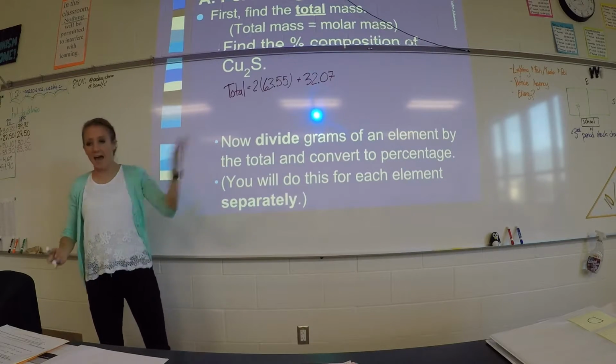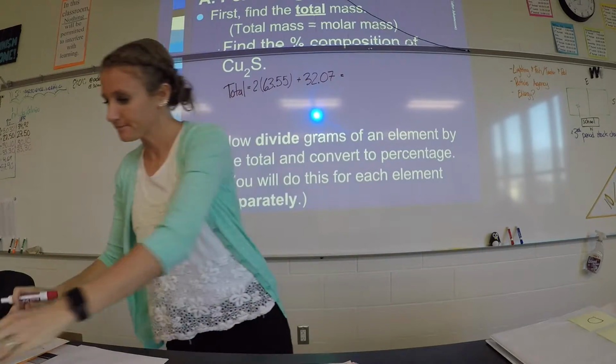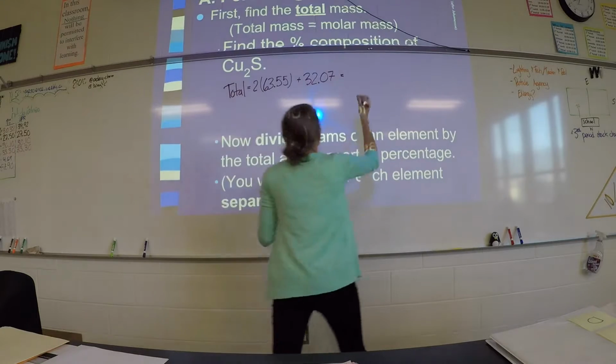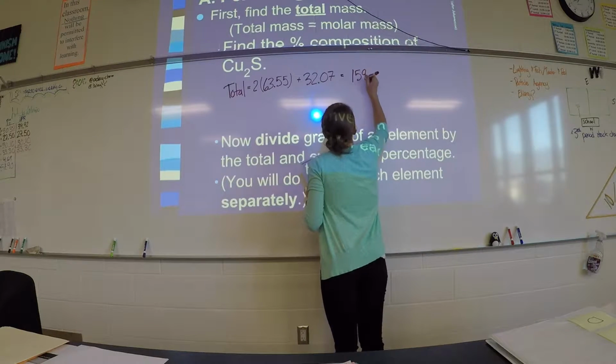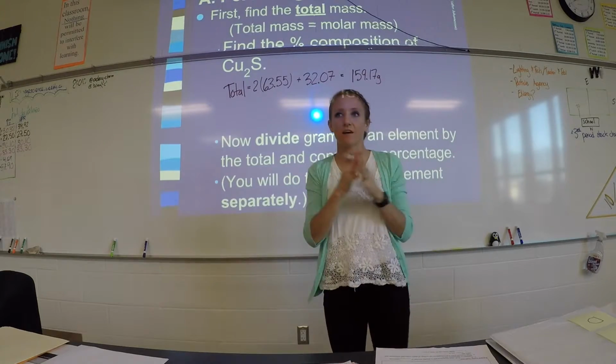All right, so add all that up for us, and what do we get as our grand total? 159.17 grams. Okay, so this is the total mass of our compound.